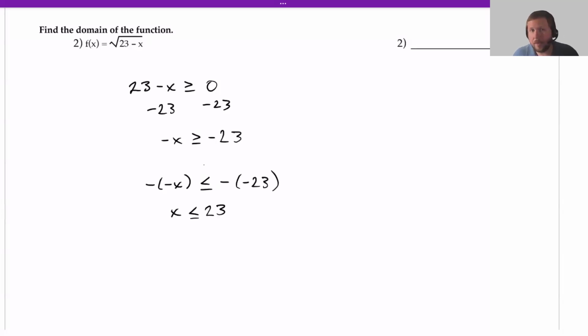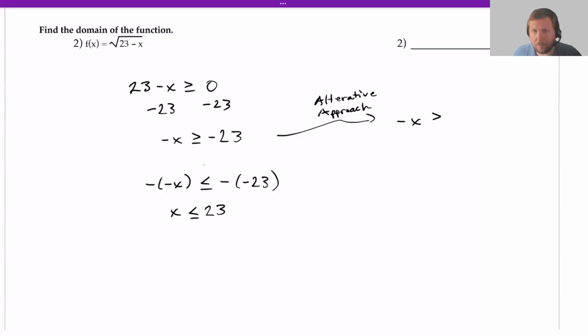Now, here's the other, it's not really a trick, but it's an alternative approach. I'm going to try and avoid giving you guys too many alternatives for these, but this one can really help people get their head around this whole, why do we flip the sign?